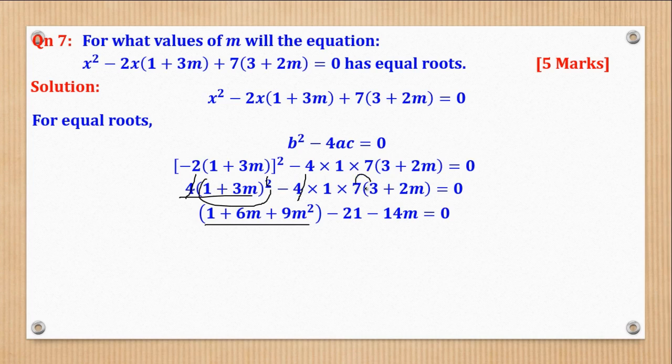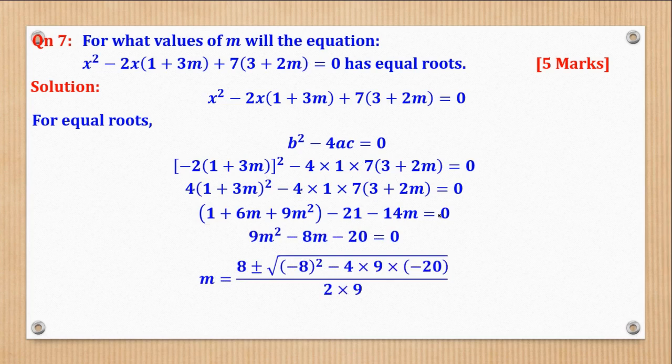So 7 times 3 gives you 21, but there's a minus, which is that. Then negative 7 times 2m gives you negative 14, equal to 0. Then you have to collect like terms to get a quadratic equation. And we solve that quadratic equation to get the two values of m. And that's what they wanted.